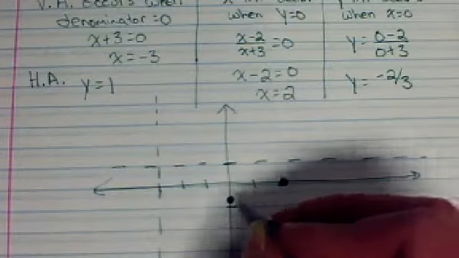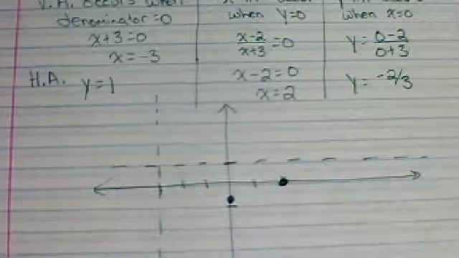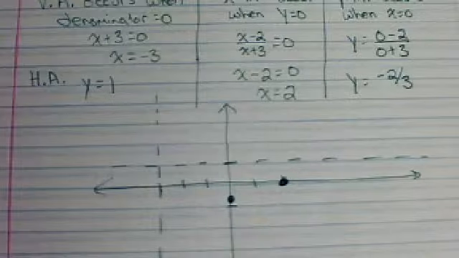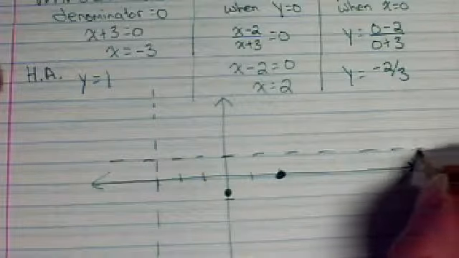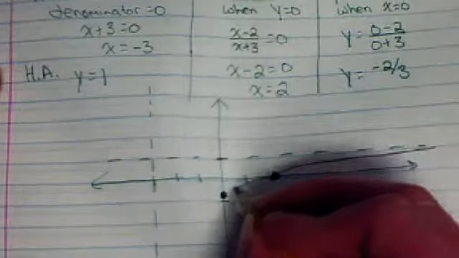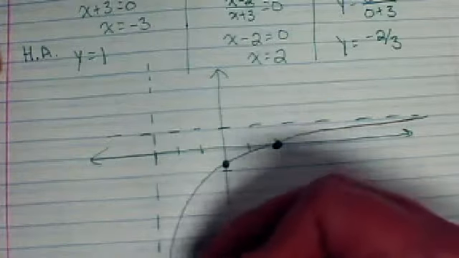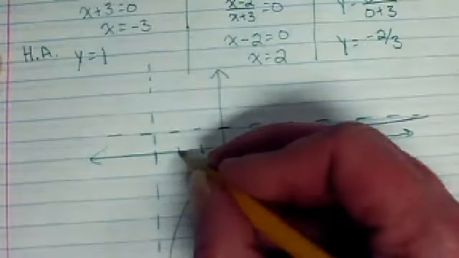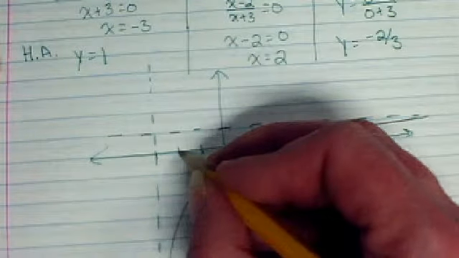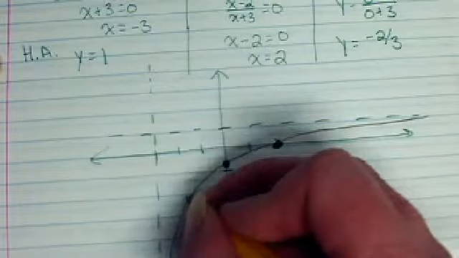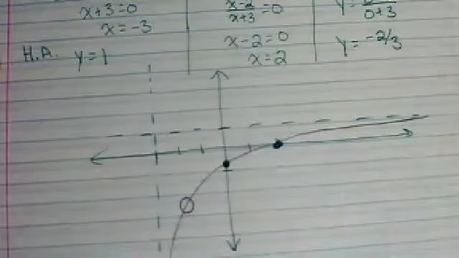Remember, we're bounded by that graph. Can't go past it. I'm bounded by those asymptotes. So my graph is coming in, goes through here, and normally it would just keep turning and go down. We have a hole where x is -2. So down here, I'm literally going to put a hole.